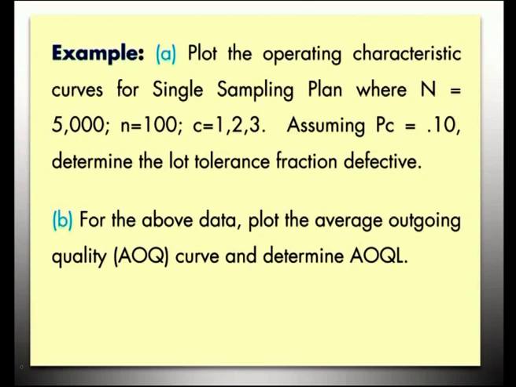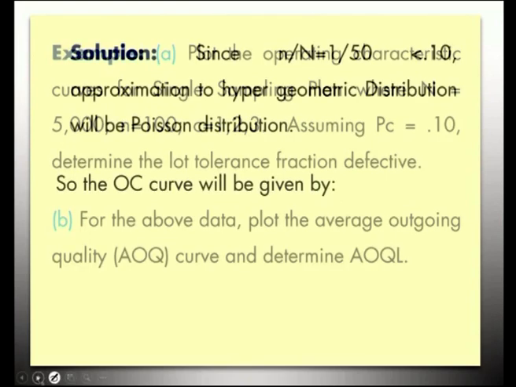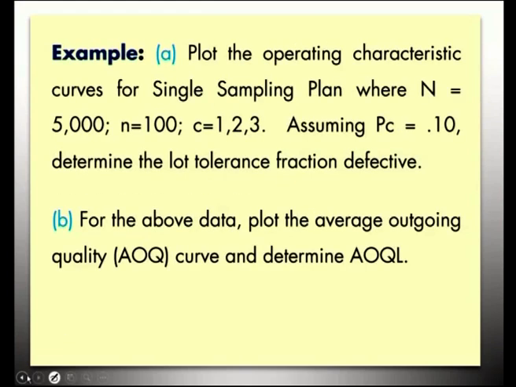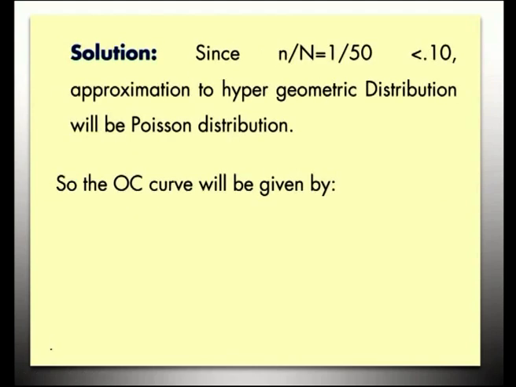For the above data, plot the average outgoing quality curve and determine the average outgoing quality limit. Since n by capital N is 100 by 5000, which gives 1 by 50, 1 by 50 is less than 0.10.